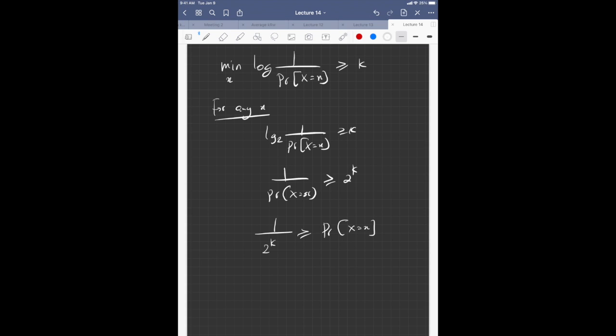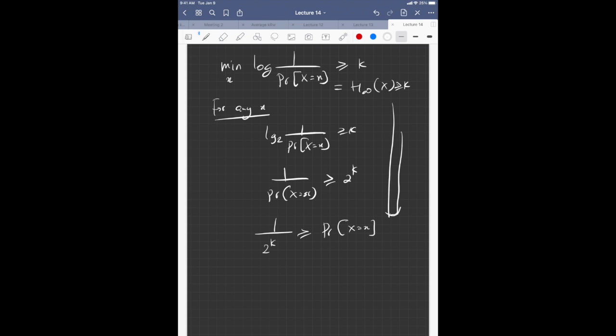So if you have a lower bound on min entropy, then if you sample according to this distribution, the probability of any particular event happening is not too large. So h infinity of x is at least k implies the probability of any particular x equal to x is at most 1 over 2 to the k.